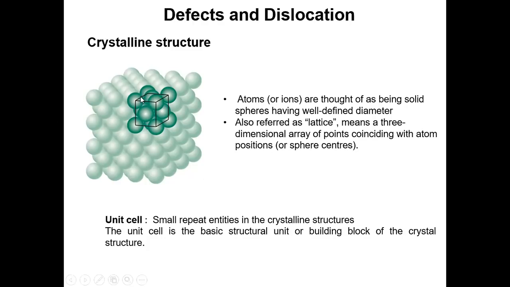If you connect several unit cells, you can make this whole structure. The unit cell is the basic structural unit or building block of the crystalline structure. That's the definition.